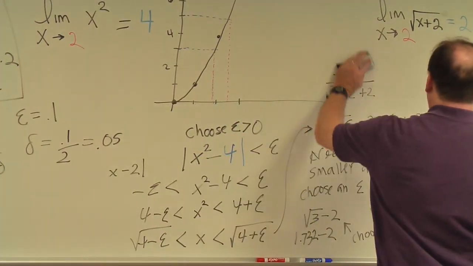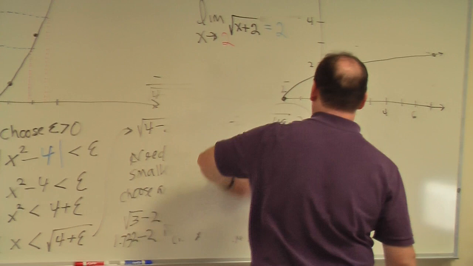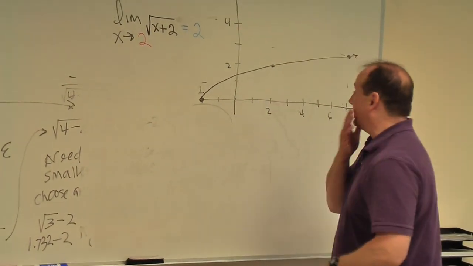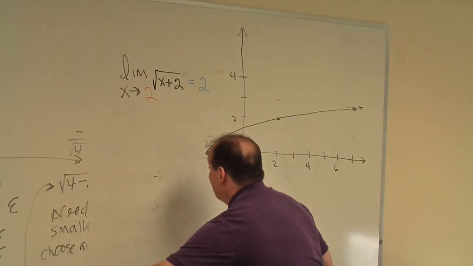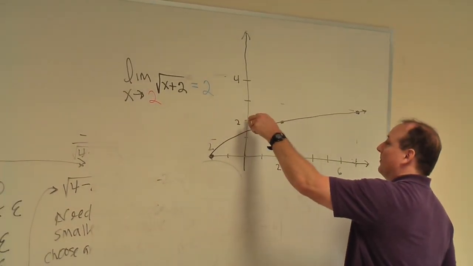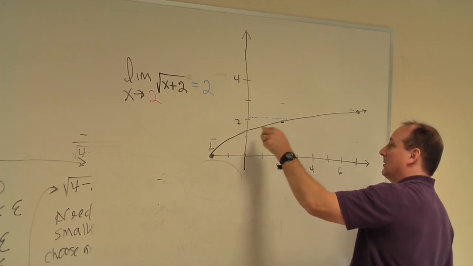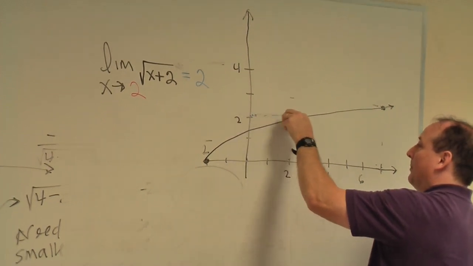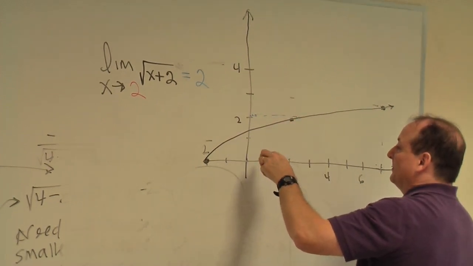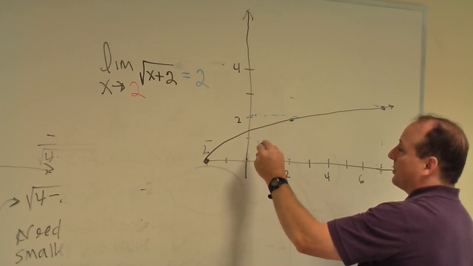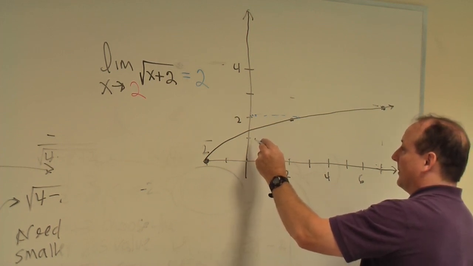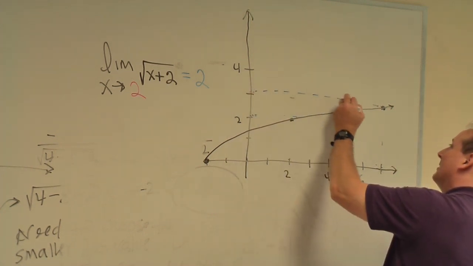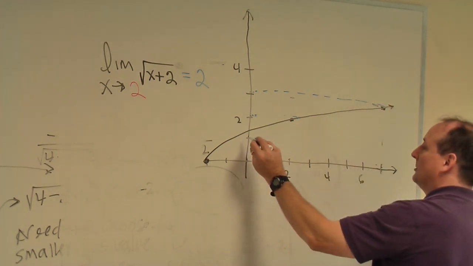So I'm going to erase because I need some more space over here, because I've got one last problem to show you. Okay. So again, I have the same thing. I want to pick the window around 2. So this would be the upper window, and I want to go 1 above and 1 below.